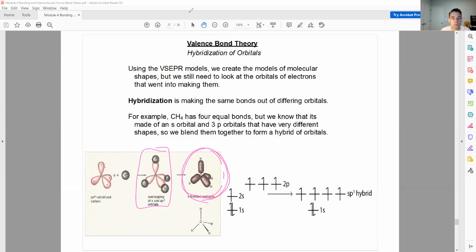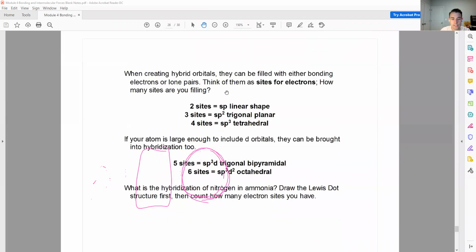So what we need to do is, you only have to do one thing with these hybrid orbitals, hybridization, and let me show you what that is. So when you create hybrid orbitals, basically we're looking at sites for electrons. That could be either a bond or a lone pair.